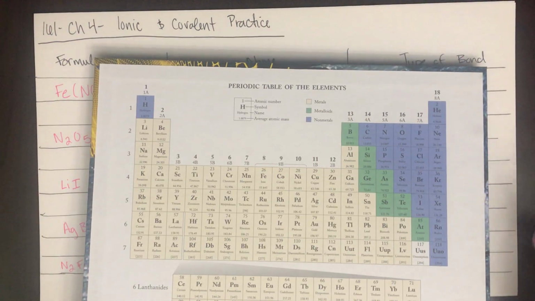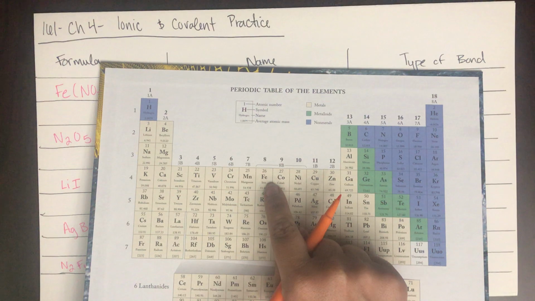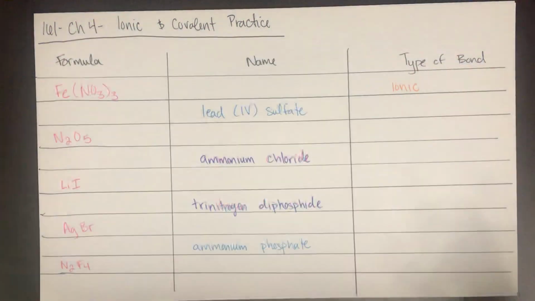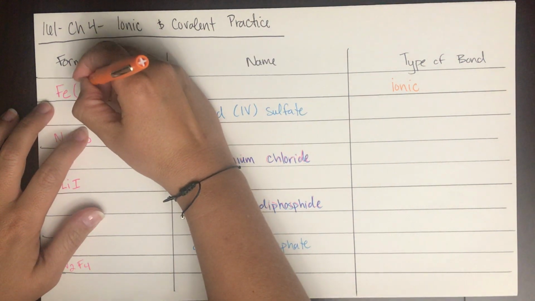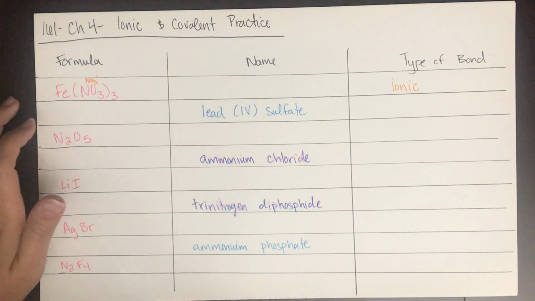So there's a few things happening here. First of all, iron is a transition metal, which means we have to include the charge of the ion in the name, because iron can have more than one charged ion. Nitrate, we know, is NO3 minus 1.